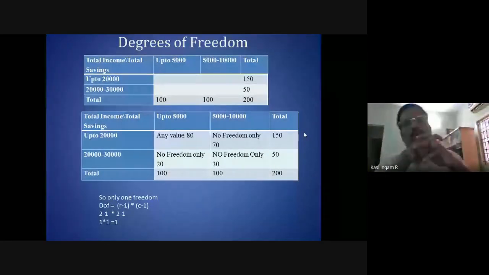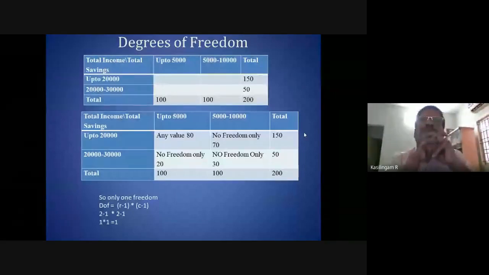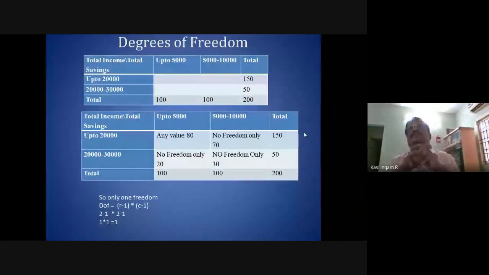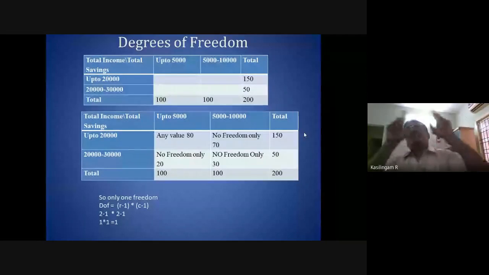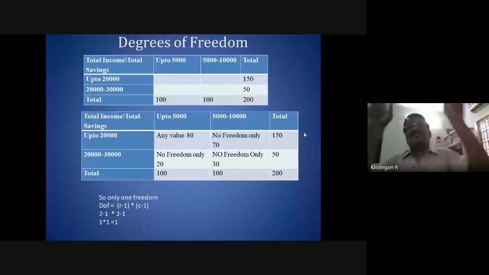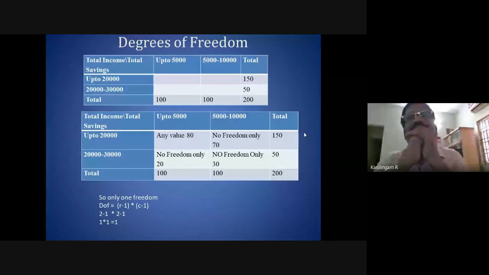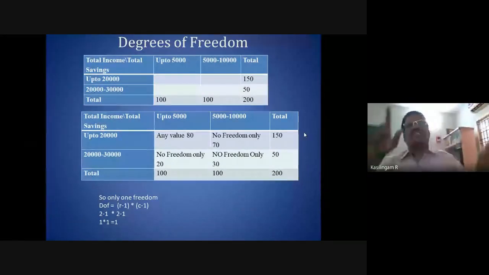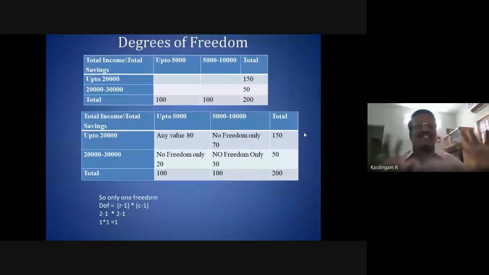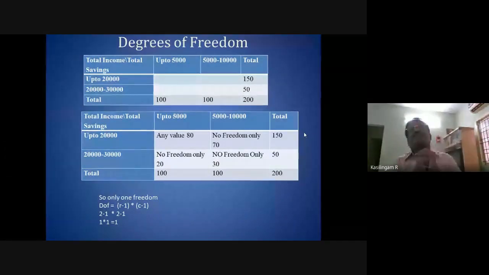Because we said earlier we can use chi-square only when you have a 3 by 3 matrix and more. Roughly, I am telling, roughly 3 by 3 matrix.